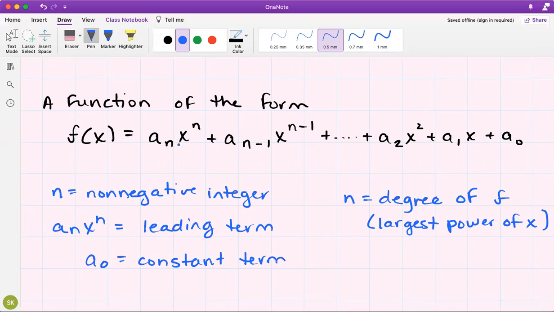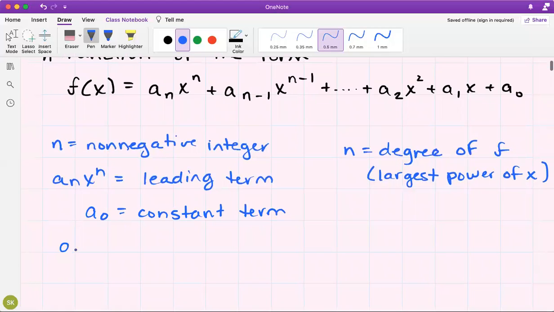And all of these coefficients, a sub n minus 1 all the way to a sub 0, are real numbers. So they can be integers, fractions, square roots of numbers, something like pi.